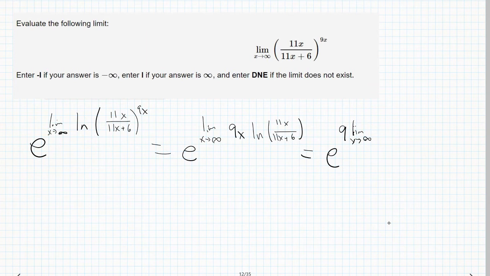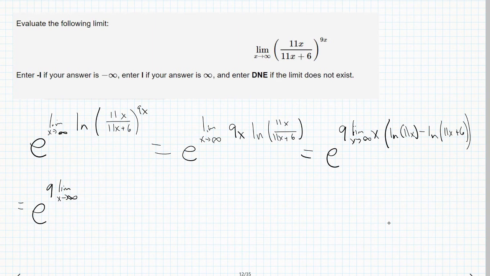So now we'll have x times, this will be natural log of 11x minus the natural log of 11x plus 6. Okay, so this means we get e to the 9 to the limit as x approaches infinity.